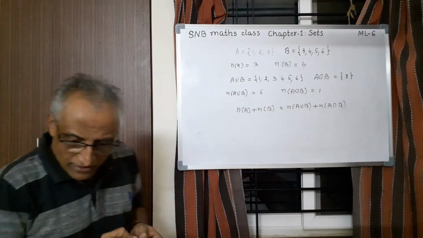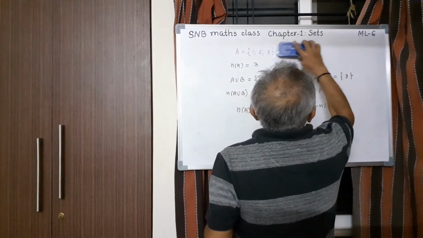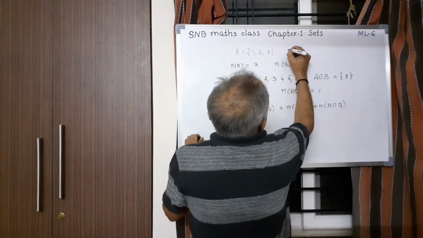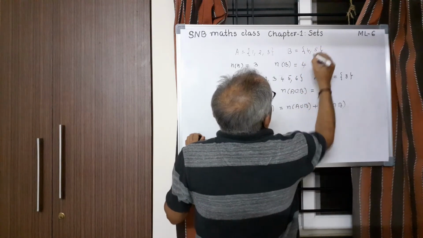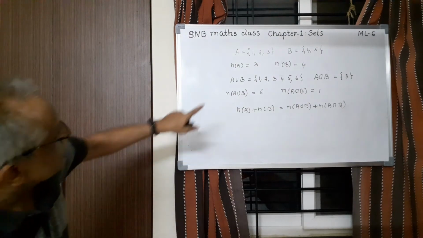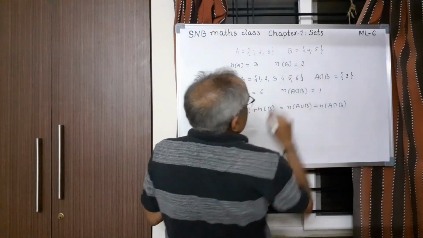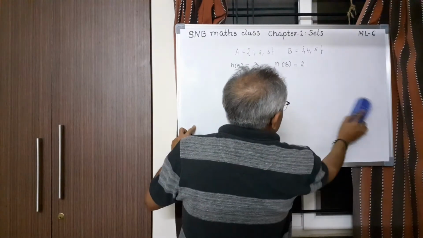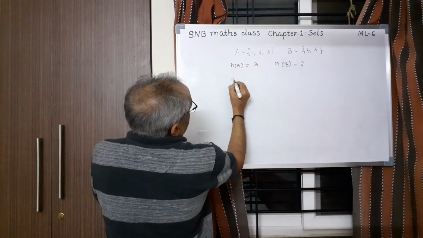Now, let me show you one last example to convince you. Let me take a set B where there is no common element, that is, A and B are disjoint. So, let us take B equal to, say, 4, 5. Only 2 elements I will take. Here number of A is 3. Number of B, so this is 2. Now let us find once again A union B and A intersection B and verify whether it is correct.